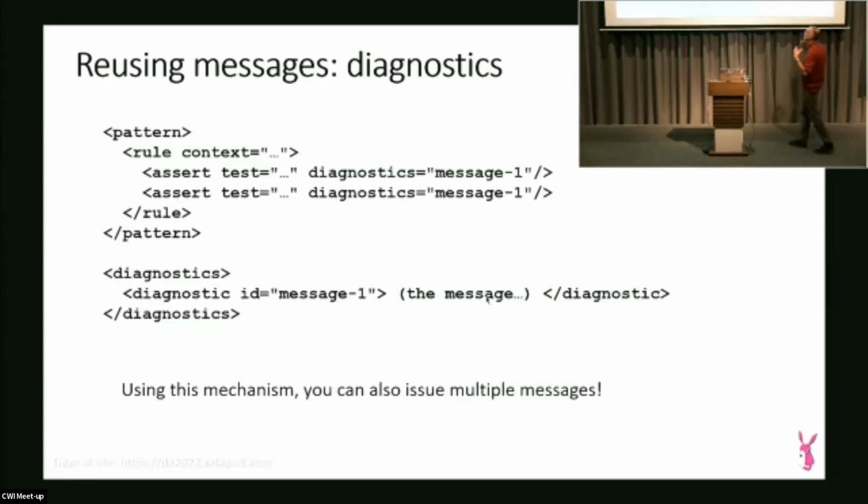So you can write the message text only once and refer to it from asserts and reports. Using this mechanism, you can also output multiple messages, because the diagnostics attribute can be a white space separated list of identifiers. So if you have multiple messages you want to output for a certain assert, then you can do that, which is actually quite a useful feature in several use cases.